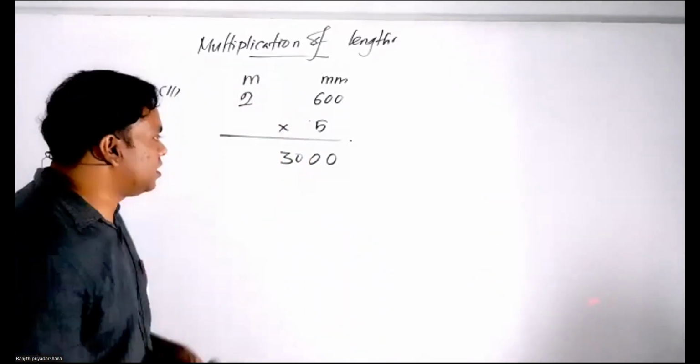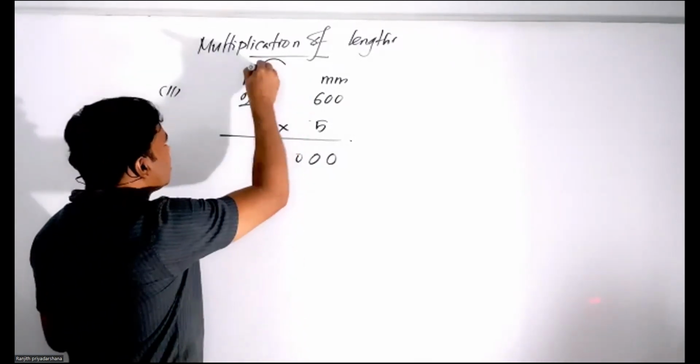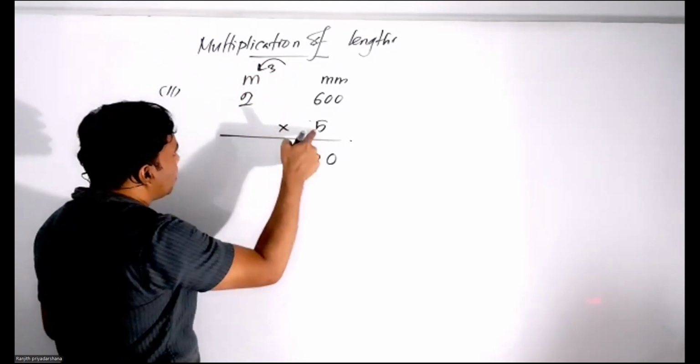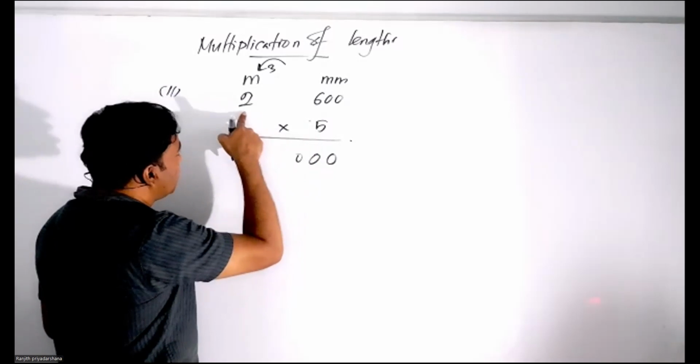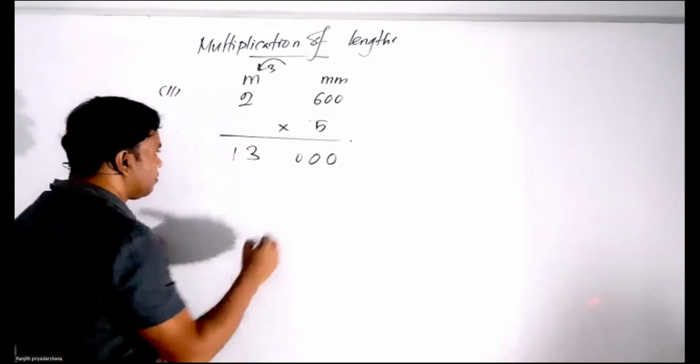Yes, Abhilashi, that's 3 meters. So we take that 3 meters here. You don't add that yet, because we have to multiply here. 5 times 2 is 10. 10 plus 3, 30 meters.